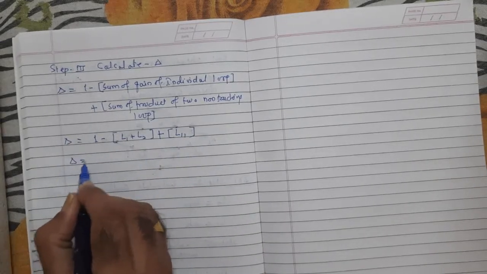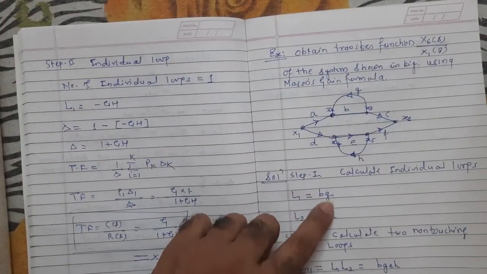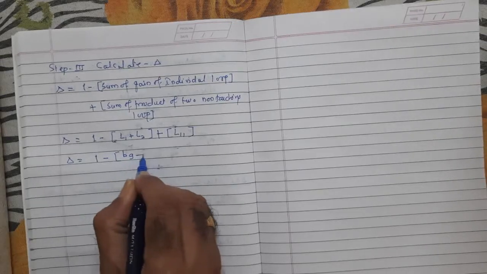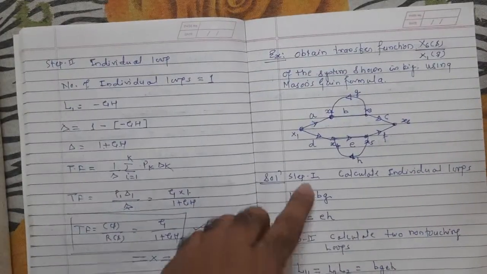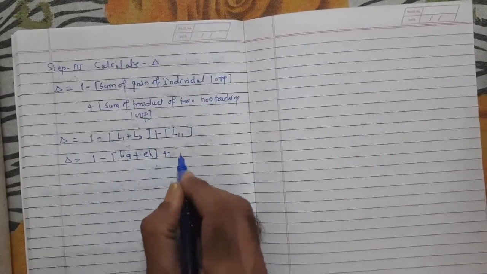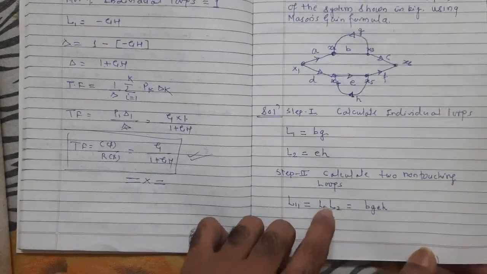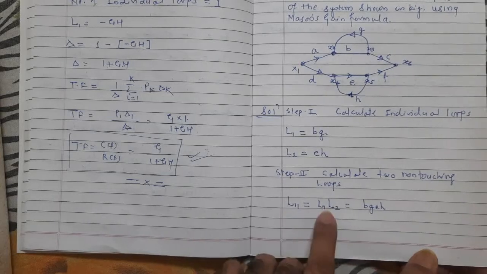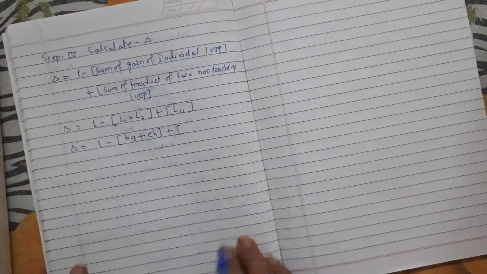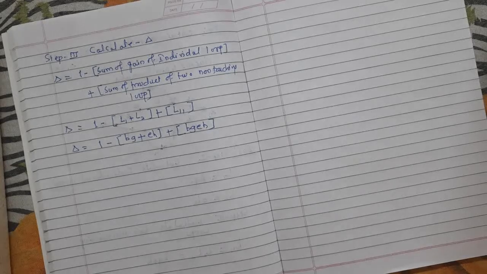Now del is equal to 1 minus, what is L1? L1 is equal to B into G, so we put here B into G, plus L2 is equal to E into H, plus L11 that we have calculated. L11 is equal to L1 into L2, that is nothing but BG into EH.